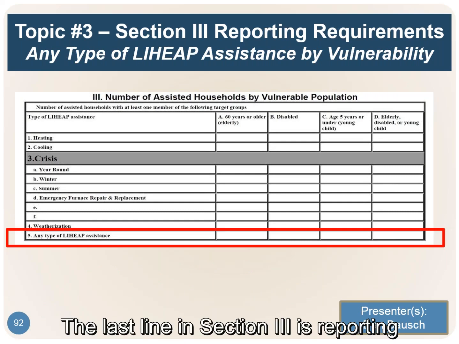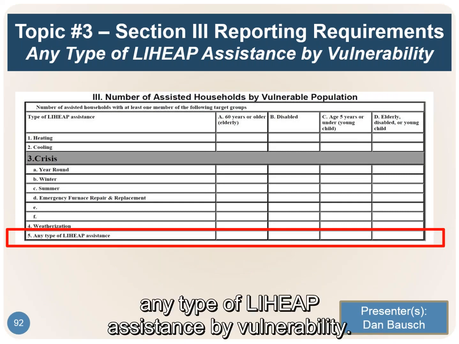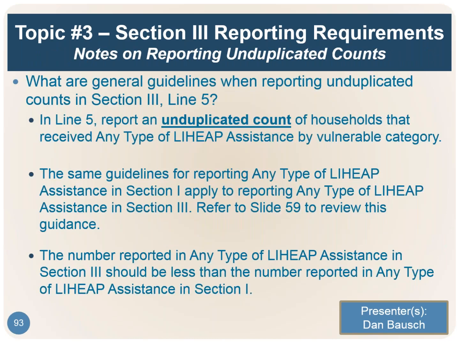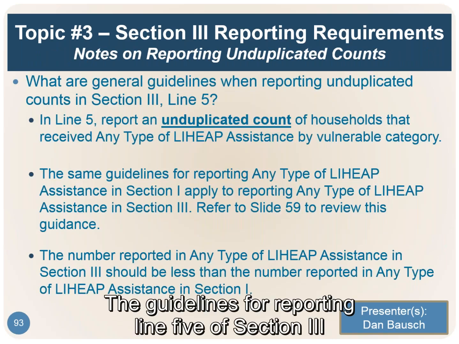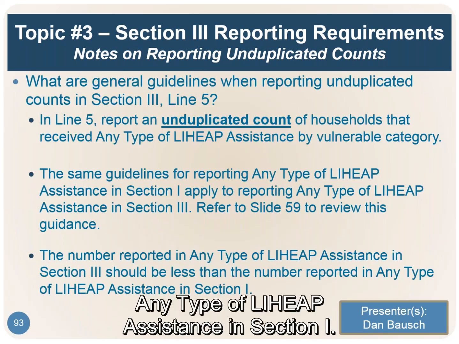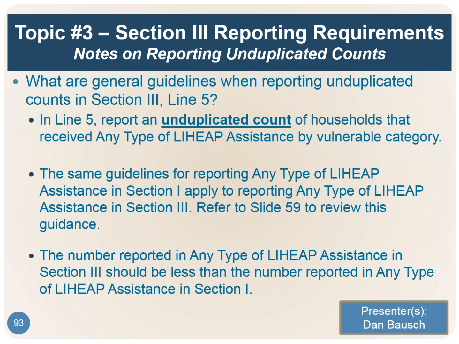The last line in Section 3 is reporting any type of LIHEAP assistance by vulnerability. The guidelines for reporting line 5 of Section 3 are the same as for reporting any type of LIHEAP assistance in Section 1.